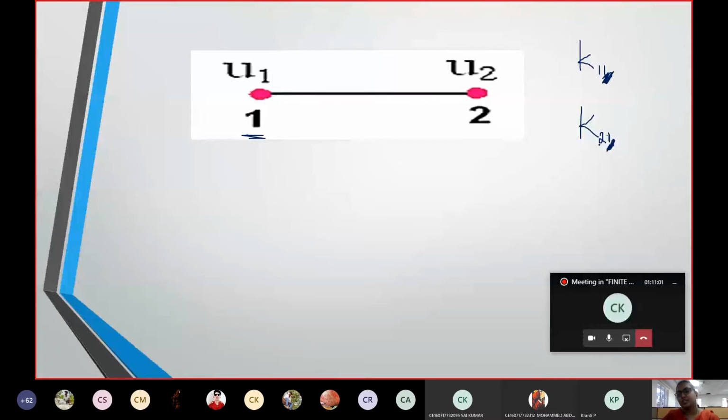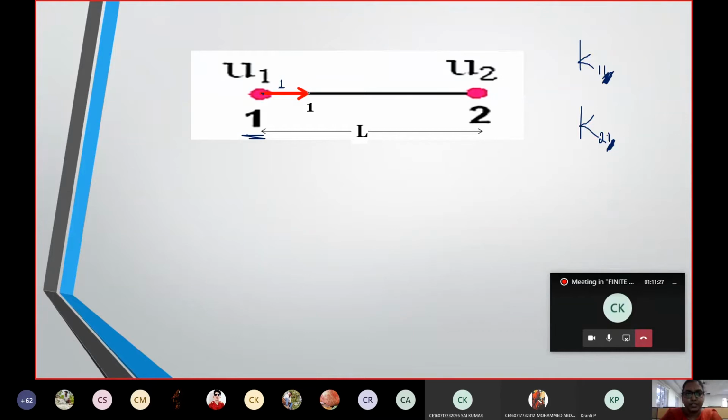I said the application of the unit displacement will come as the second term. I am applying at coordinate 1, which means I'll get 1 as the second term. So here the two terms that I get are K11 and K21. Let the length of the bar element be L. I am giving unit displacement at coordinate 1, and the position of coordinate 1 has moved by a unit displacement.